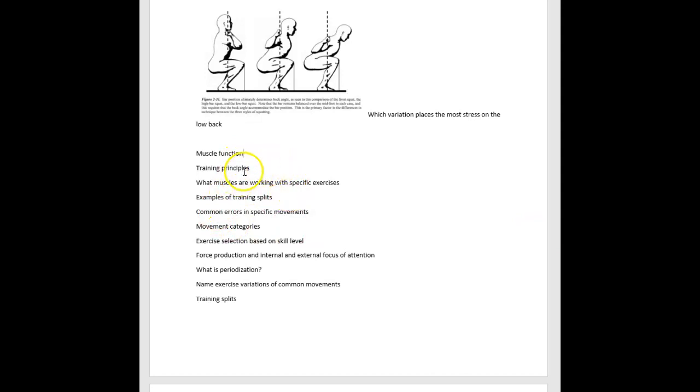Okay, so the next one is training principles, and you're going to find that in the Nick Tominello Personal Training Quarterly piece. So what are the training principles? You have examples like specificity, individualization, progressive overload, and also variation.